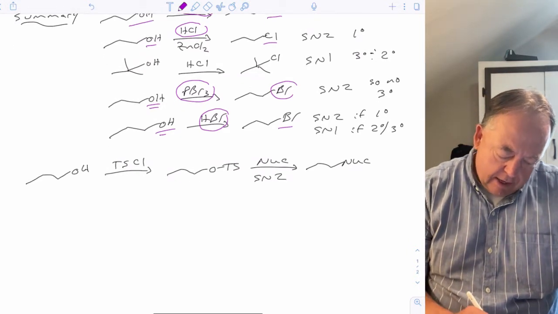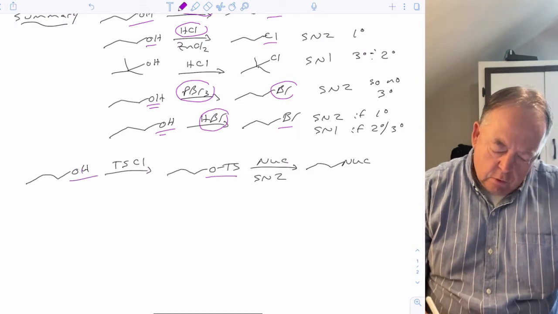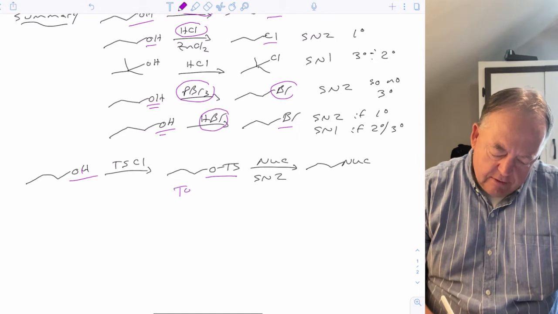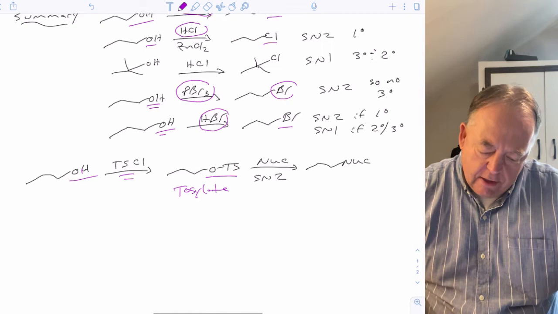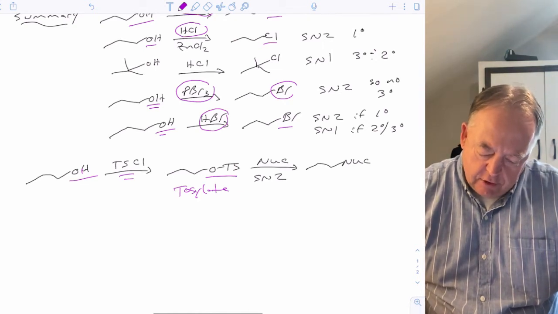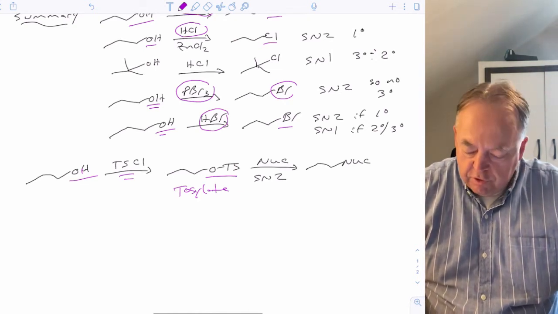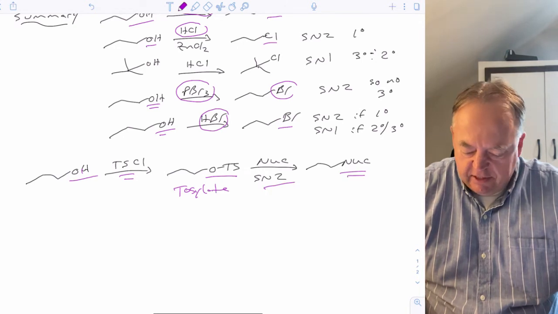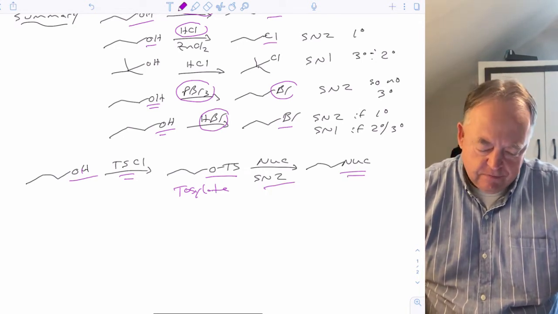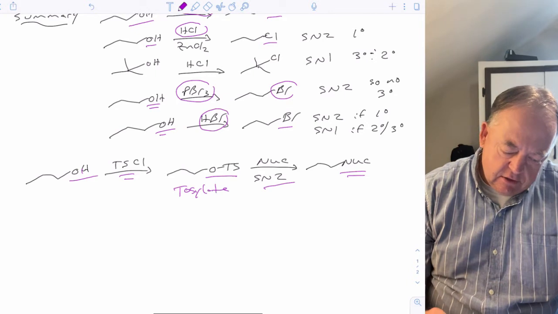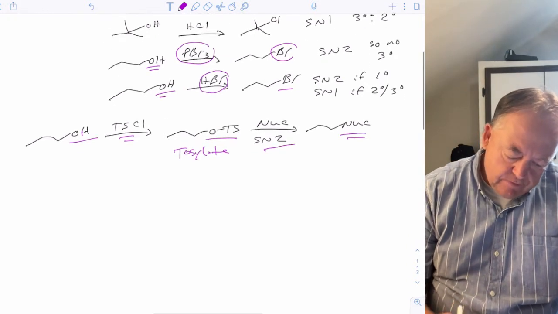And then we'll look at how you can convert an alcohol to what's called a tosylate, using this reagent tosyl chloride. And then once you have the tosylate, you can do an SN2 reaction with that to put any good nucleophile in its place. So that's some of the basic reactions that we'll cover in this lecture.